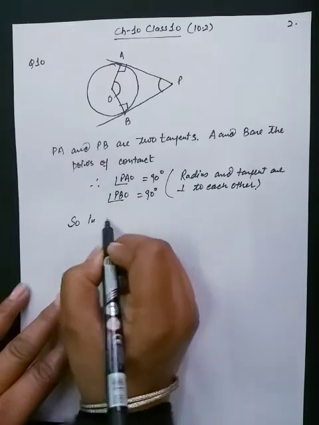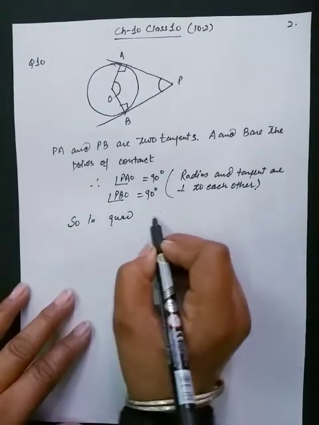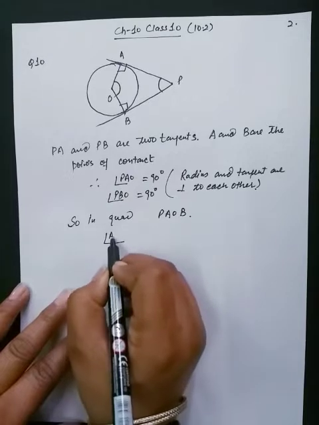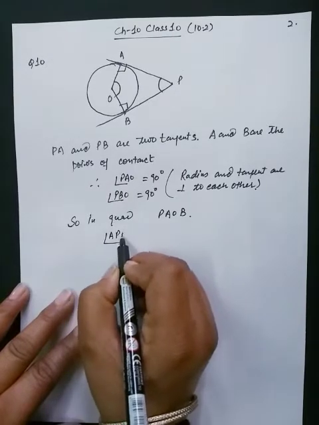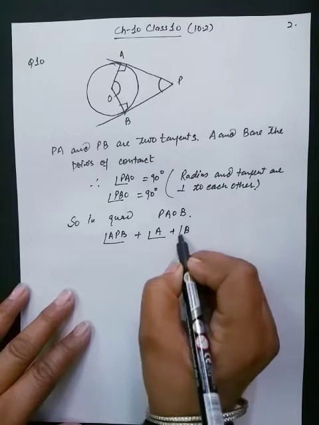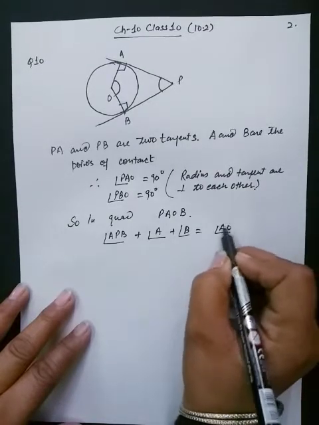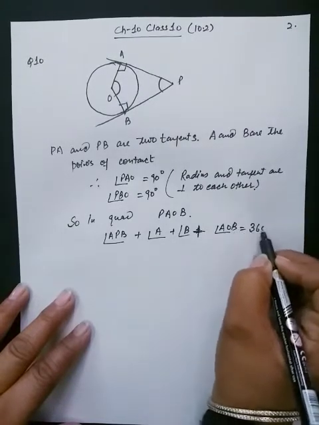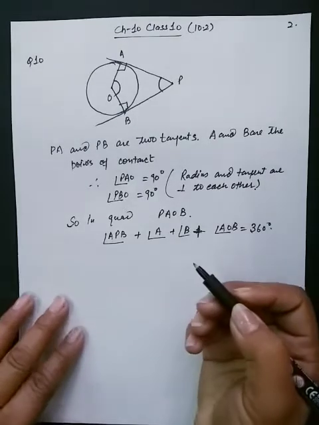So in quadrilateral PAOB, angle APB plus angle A plus angle B plus angle AOB is equal to 360 degrees, angle sum property.